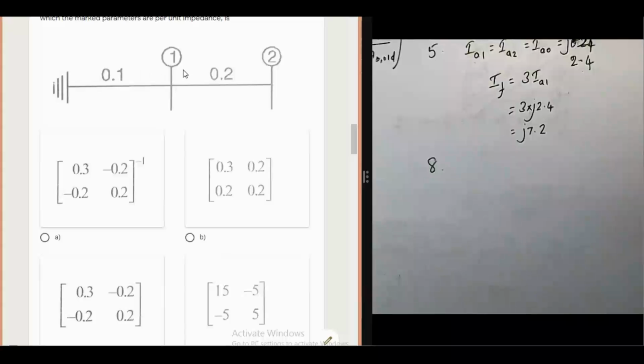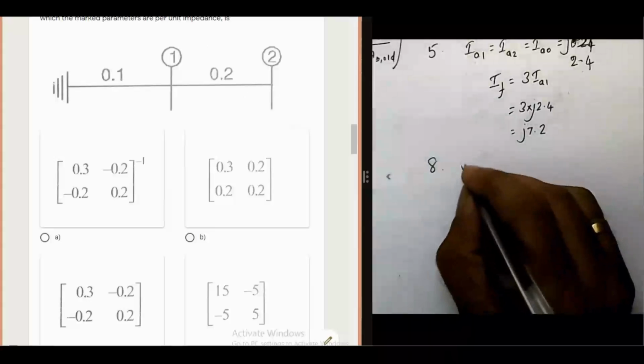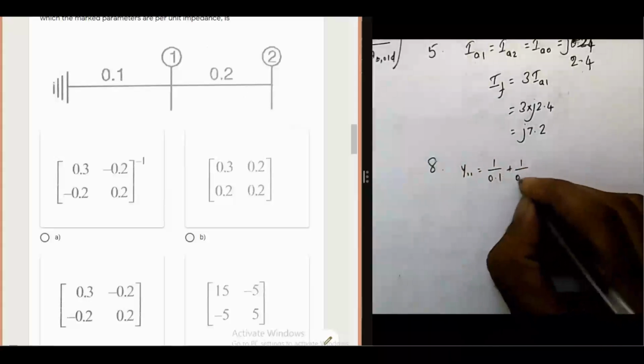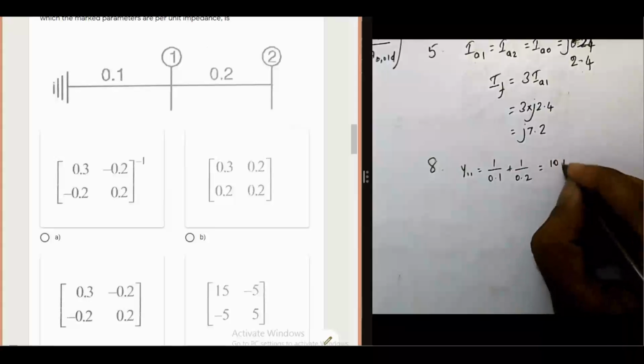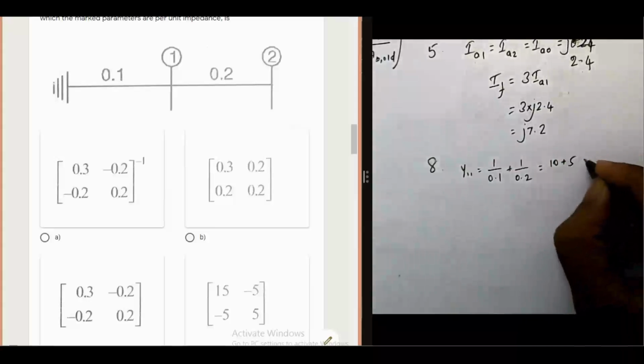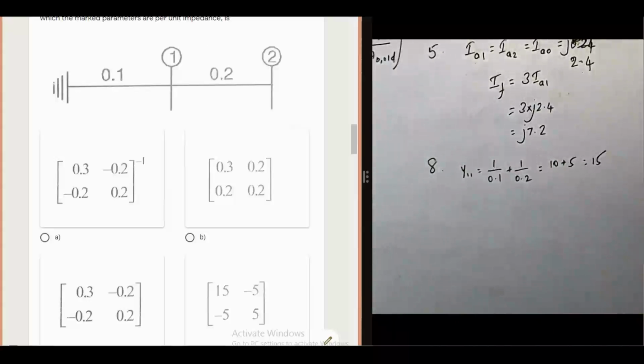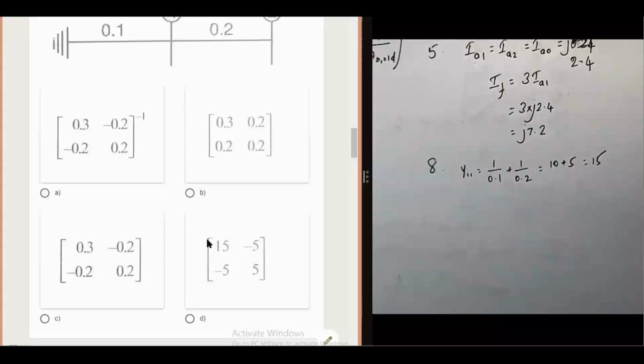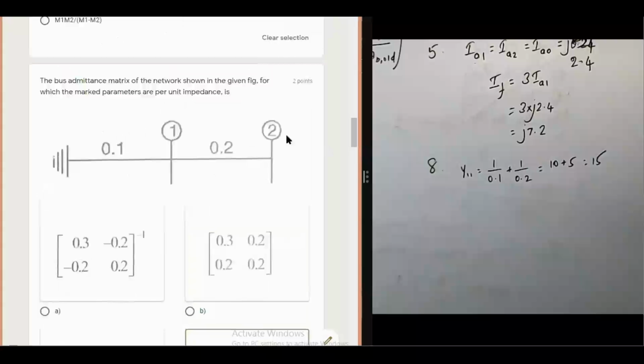Y11 is 1 divided by 0.1 plus 1 divided by 0.2, that is 10 plus 5, which is 15. Only option D has a Y11 value of 15, so I directly answer option D. Also check the Y22 value.